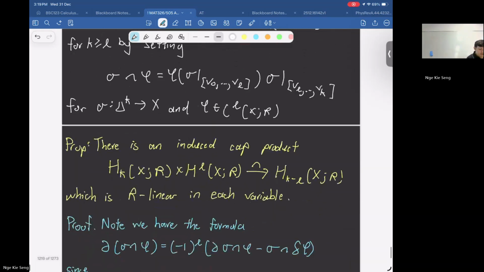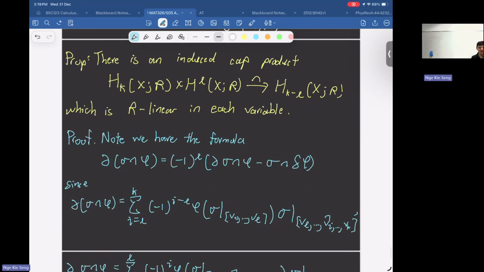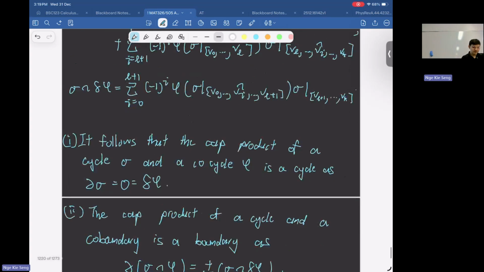Turns out that there's an induced cap product on the homology and cohomology, so you need to have a Leibniz rule again, like last time. You remember when we proved that the cup product induced a map on cohomology, you also had a Leibniz rule. So here also there's a Leibniz rule, very interesting.